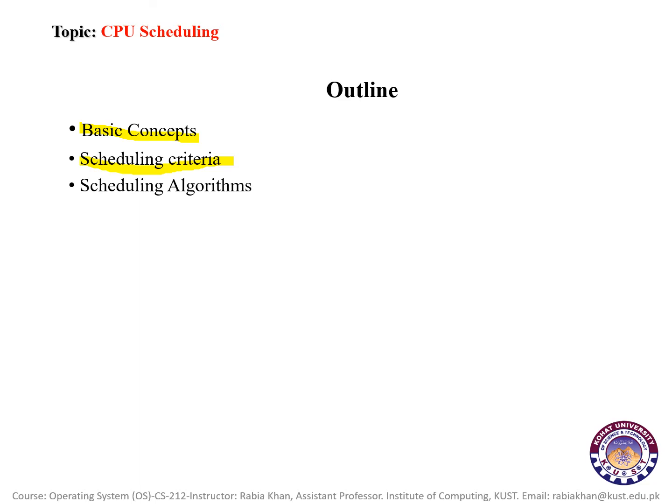We then started CPU scheduling algorithms. You can also call them CPU scheduling policies. So 2 policies have been discussed in previous lectures. The first one was first come, first served, which was a non-preemptive policy.